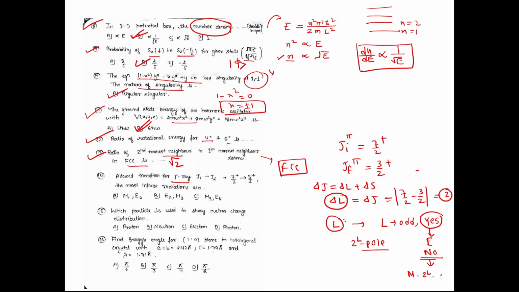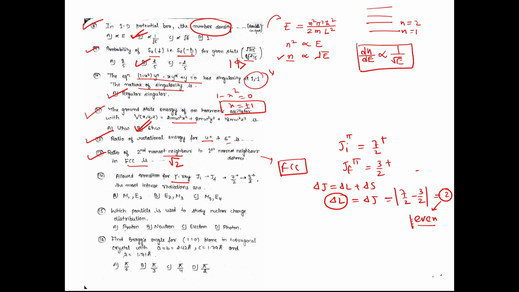Similarly for the L even case, if the change in L value is even, then parity change yes means it will be magnetic pole, and parity change no means it will be the electric pole. Now let's find for this case. Here ΔL value is 2, which means it is an even value.